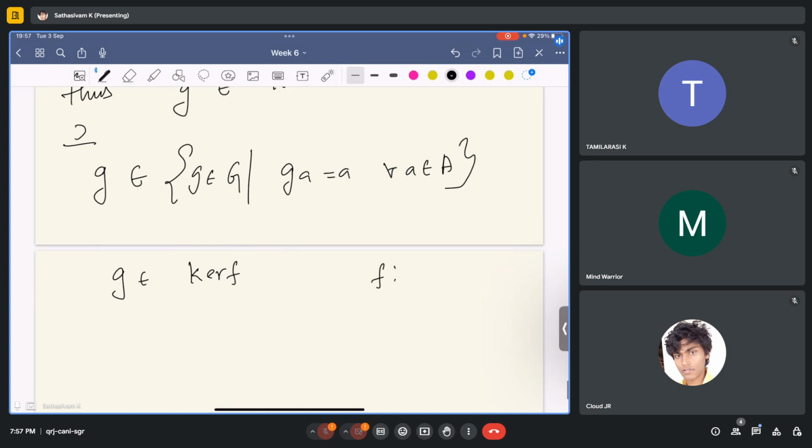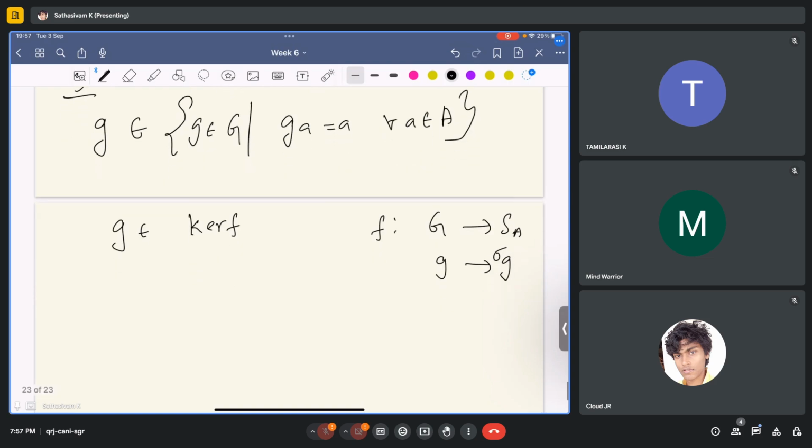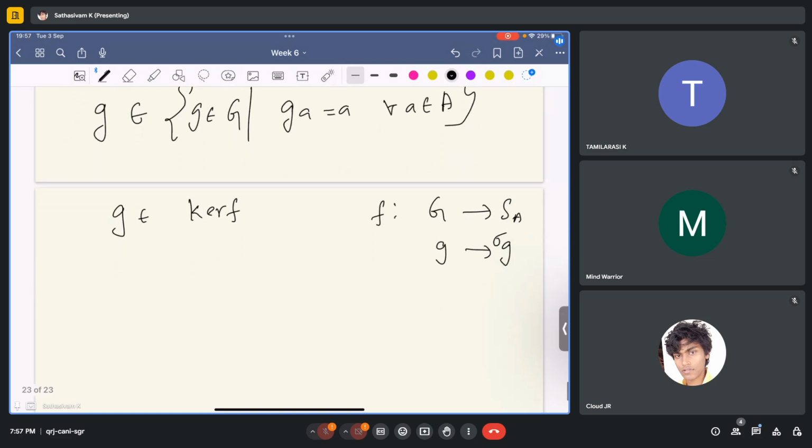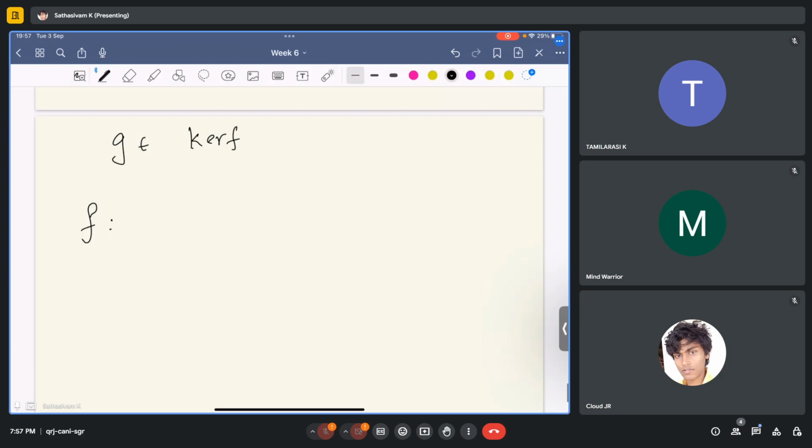F is a map from G to S_A, mapping g to sigma g. Sigma g is a map from A to A, and it maps a to g·a.